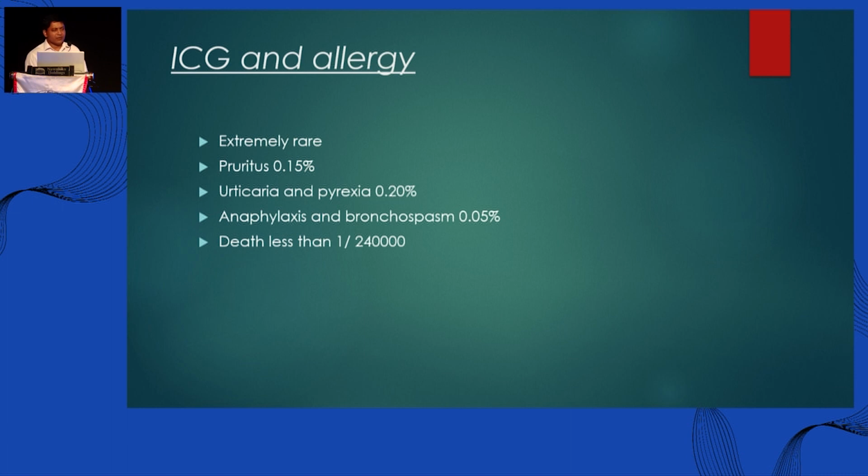We talk about 7%, 10% in fluorescein, but in ICG it is less. But still, anaphylaxis, cardiac arrest, bronchospasm can happen. Roughly 1 in 300,000 death, but these are extremely rare things. But you should always have your emergency trolley ready.